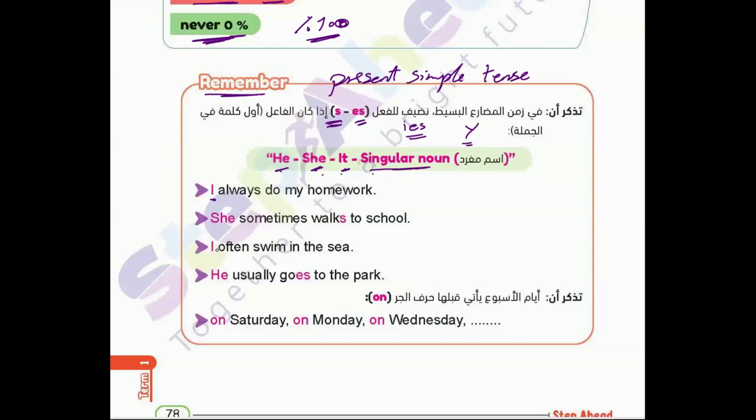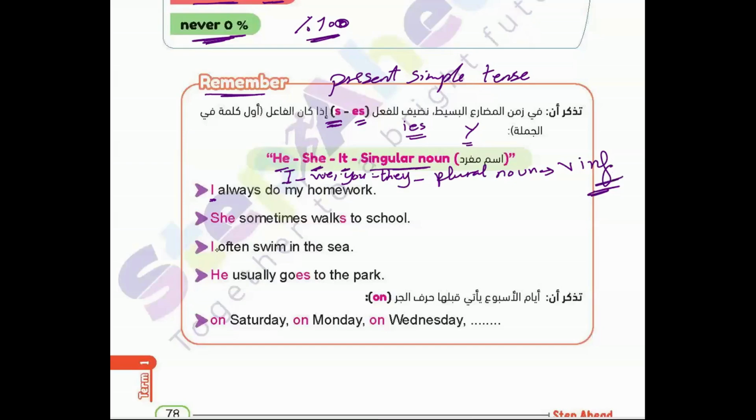Never. After I, we, you, they, or plural noun, we use the verb infinitive. The verb should be infinitive. Okay, so here, I'm using I with infinitive verb.